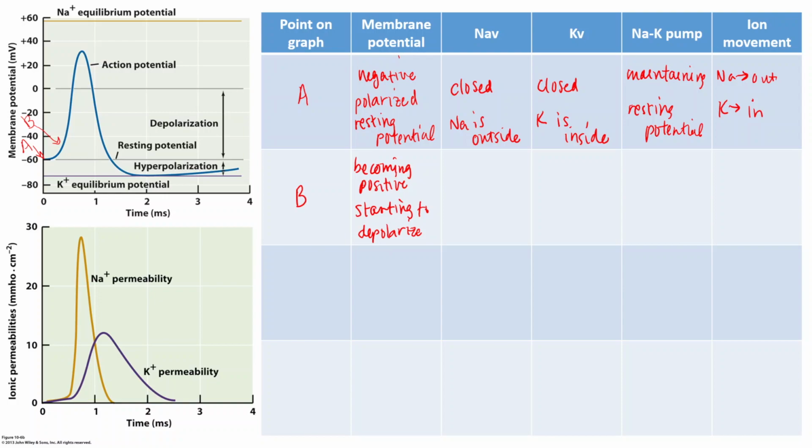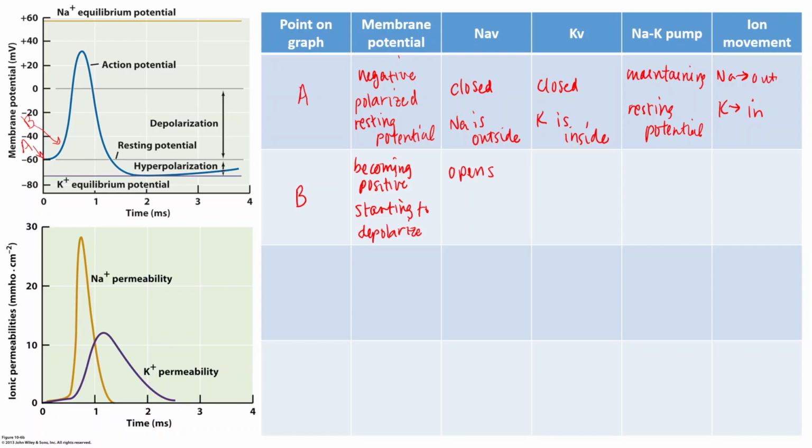So that means something in terms of our voltage-gated channels, right? We're having a change in voltage in our membrane potential. So one of our channels is opening. Which channel is it that is opening? Yeah, so the sodium channel opens. And what about our potassium channel?